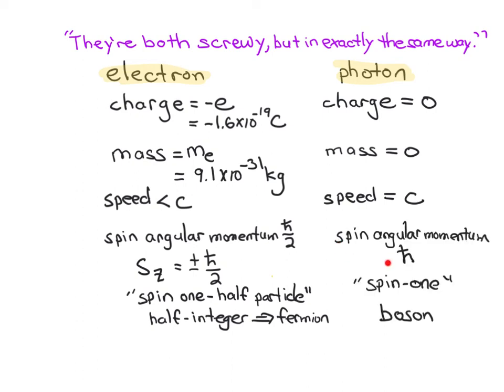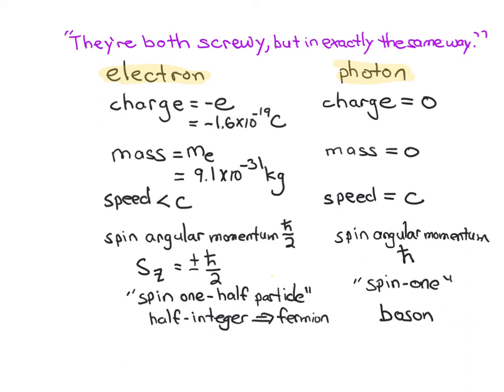Photons, on the other hand, have an integral amount of spin. They're spin 1 particles. The spin angular momentum associated with a photon is h bar, 1 times h bar, and so that means photons are classified as bosons.